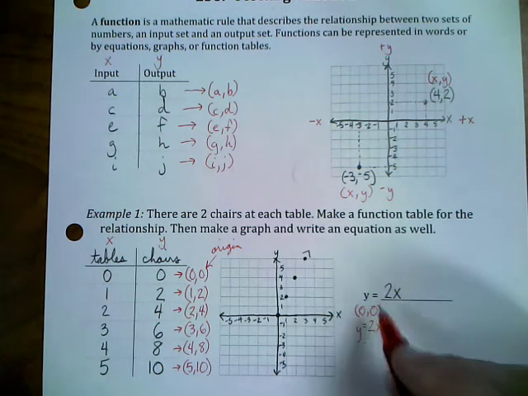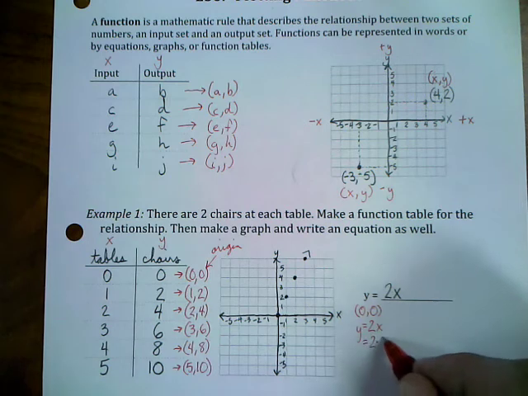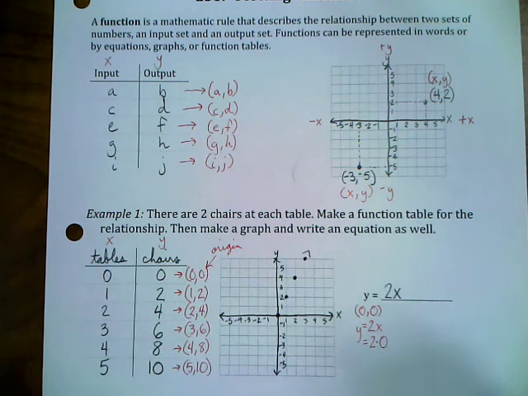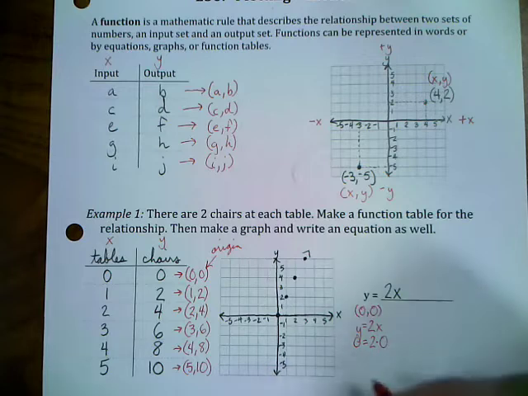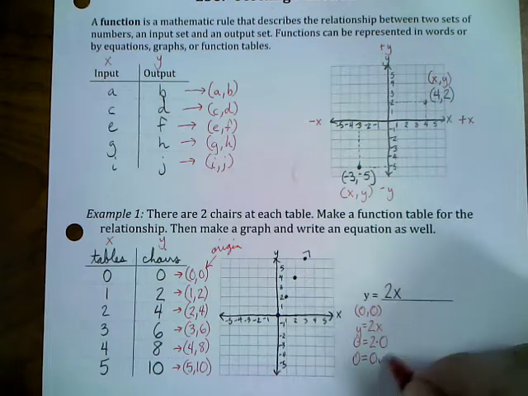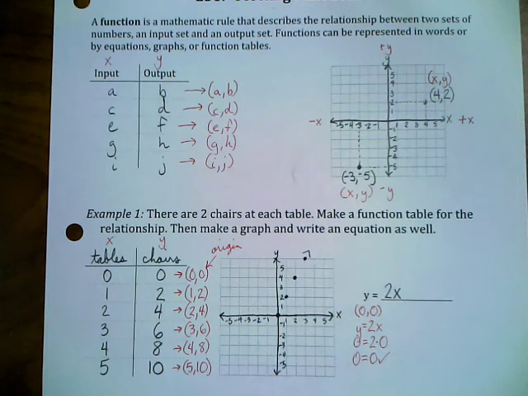So this first 0 means that x is 0. This second 0 means that y should be 0. So if we simplify this, well, obviously 0 is 0, and then 2 times 0 is 0. Well, does 0 equal 0? Of course it does. That checks out.